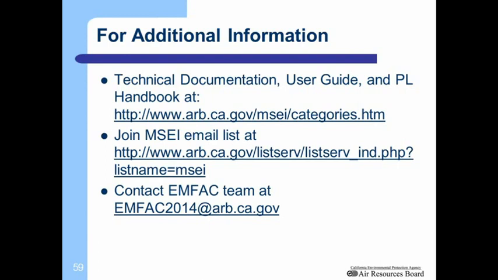A few minutes ago, Hong was presenting about the web database. You can get the same data in a spreadsheet with all the default activity, default population, emissions, and trips. So that's a good place to go if you're interested in default activity information, rather than running the model and compiling those individual files into one file.